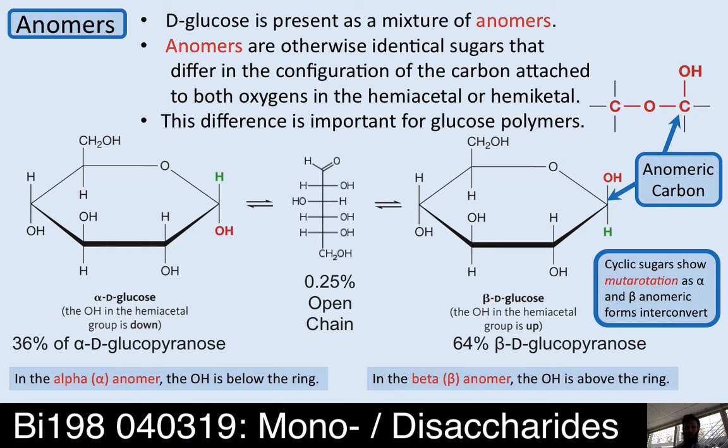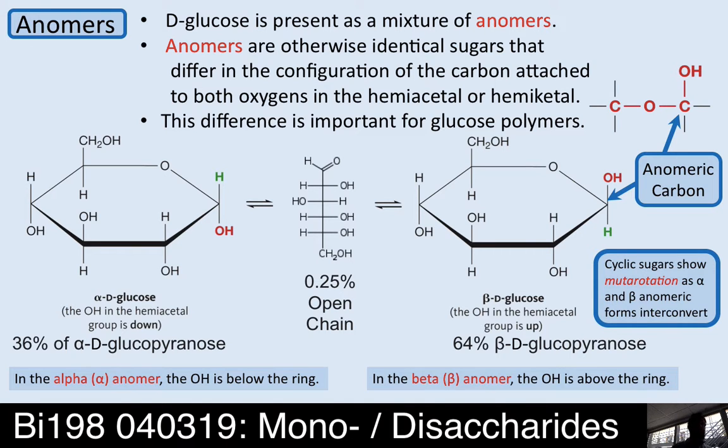That distinction between alpha and beta glucose has consequences in terms of the kinds of polymers we're going to be able to make out of that glucose. So starch, for example, is made out of alpha glucose, and beta glucans make polymers that tend to be resistant to digestion.